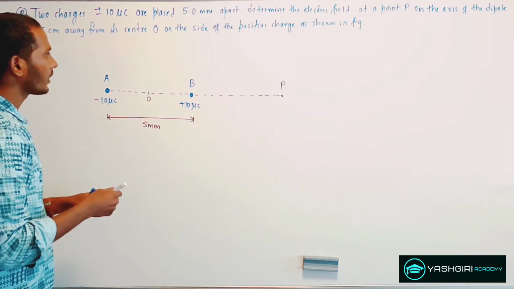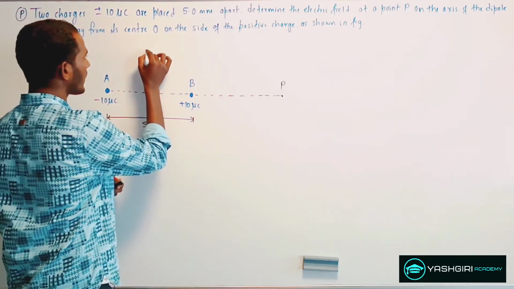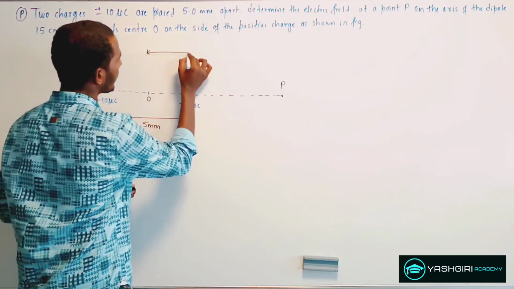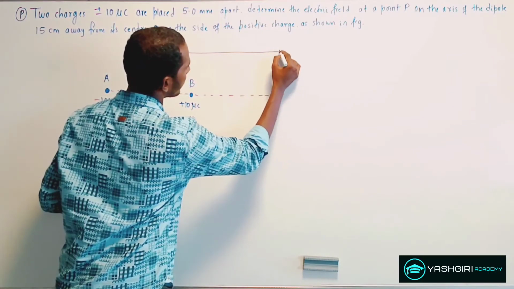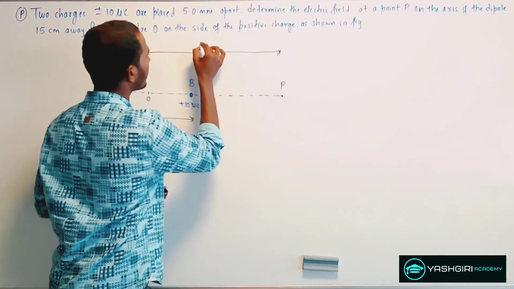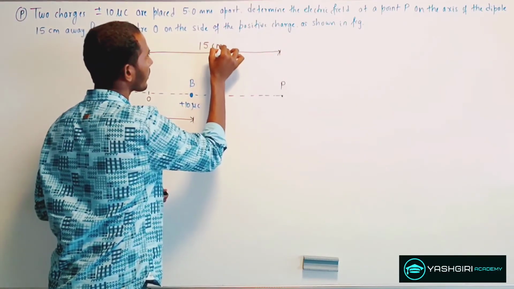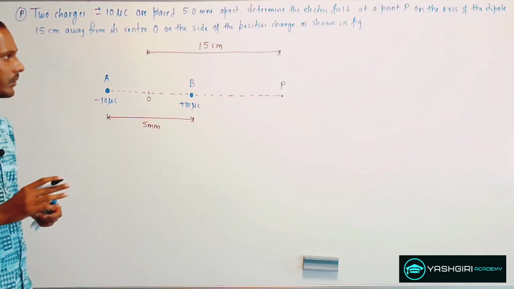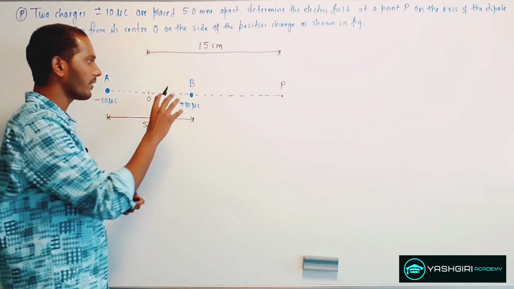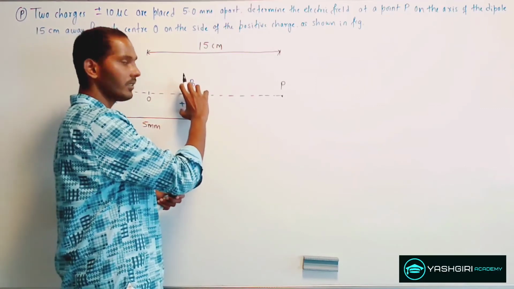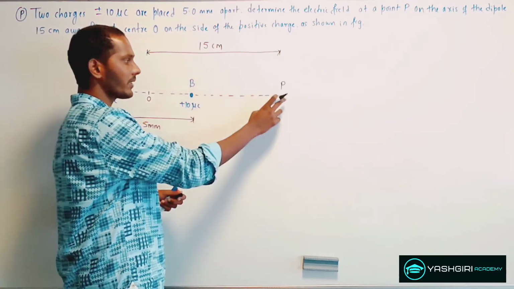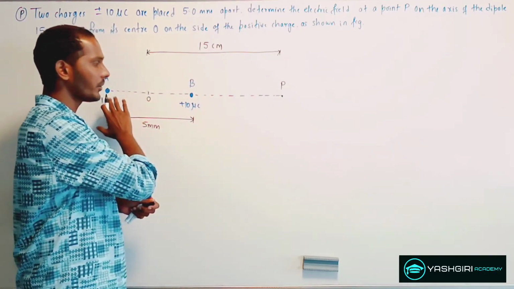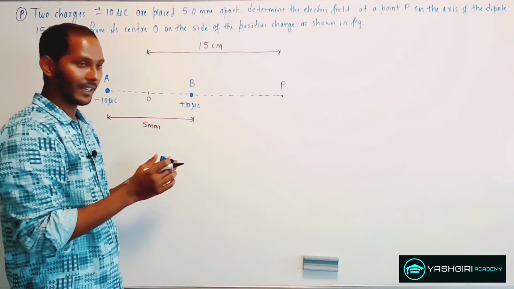So here the distance from the center to this point P is 15 centimeters. Now let me use the same technique. Let me first calculate the electric field due to the positive charge at this point P, and then due to the negative charge, and then let me add them up.